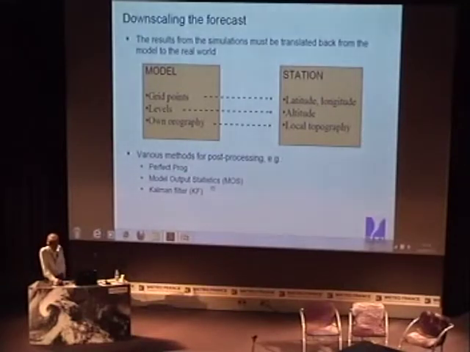For the Kalman filter, it's more or less the same. It adapts itself to the most recent past, but when there is a sudden weather change, your Kalman filter can put you in trouble. Again, a source of uncertainty.